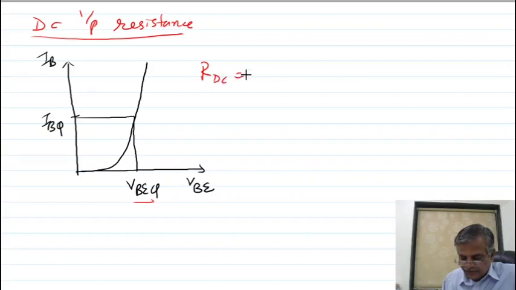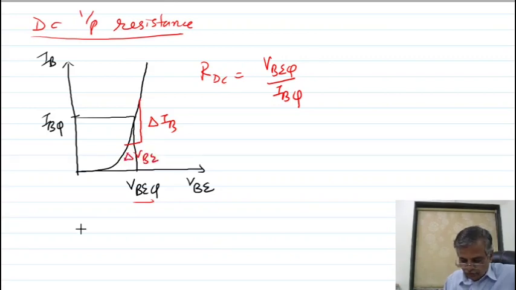DC input resistance is nothing but VBEQ upon IBQ. Or you find the slope of this line. So one upon the slope gives you the DC input resistance of the transistor.